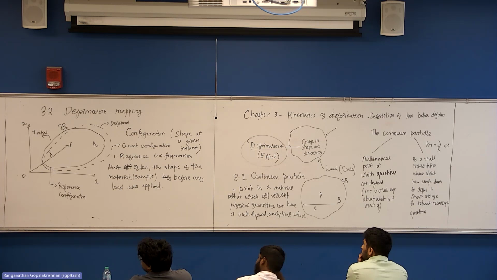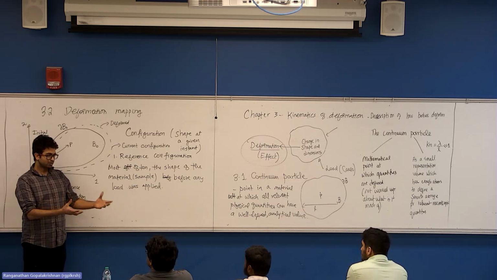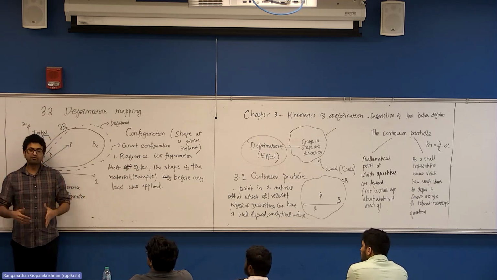I'll call that the current configuration. With respect to my initial shape, I'm pulling this thing apart and it's basically changing shape. So it's a matter of choosing one as a reference, which is most conveniently the one before any loading, because before loading you know the shape. So let's choose that as the reference. The real question is, after loading, what is the shape?